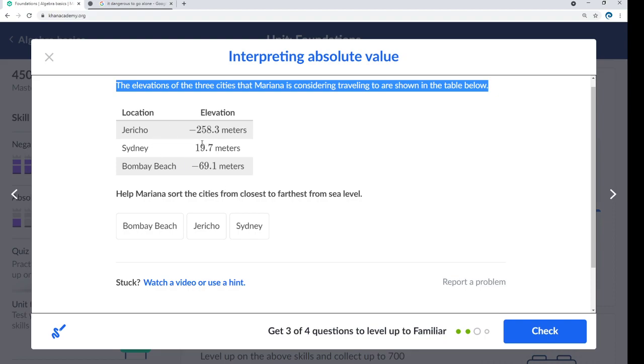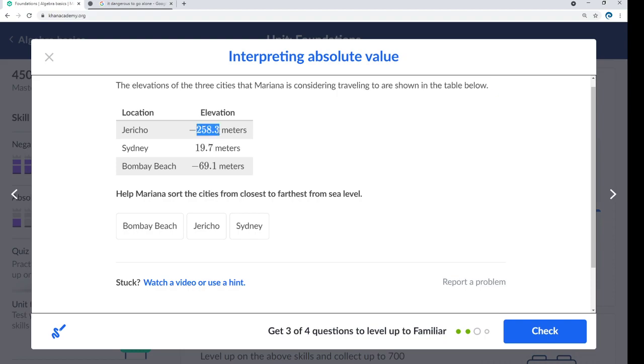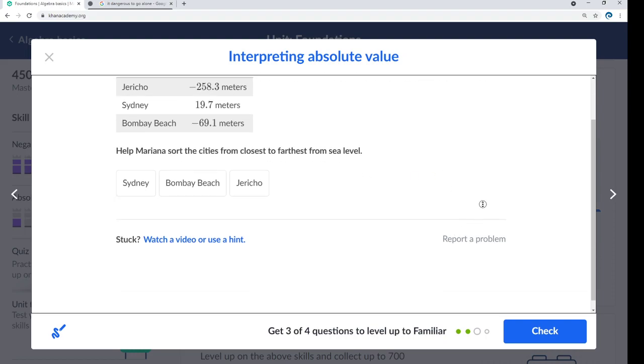We can use the absolute values, which will just be the values. So the closest one is going to be Sydney, at 19.7 meters. So we'll put that over here. And then the next is going to be Bombay Beach, and then the next will be Jericho, I believe.